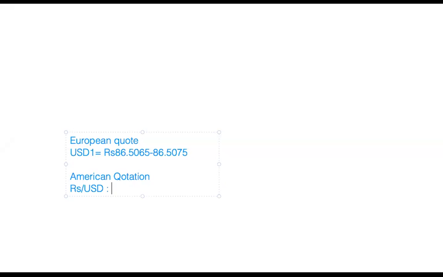Then let's see. 86.5065, 86.5075. This is American quotation, right? So this is how you write in terms of European, this is how you write in terms of American.